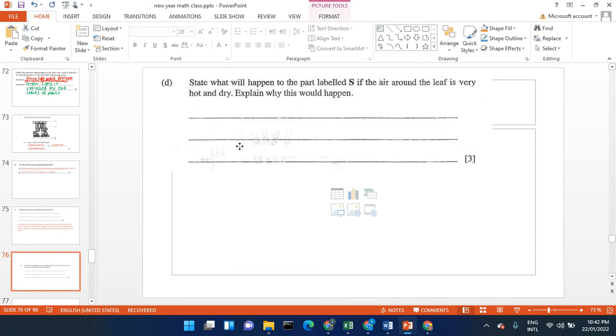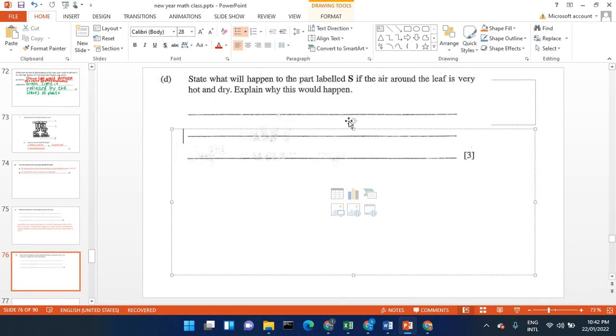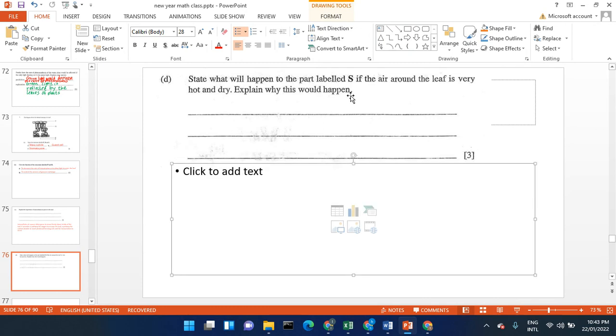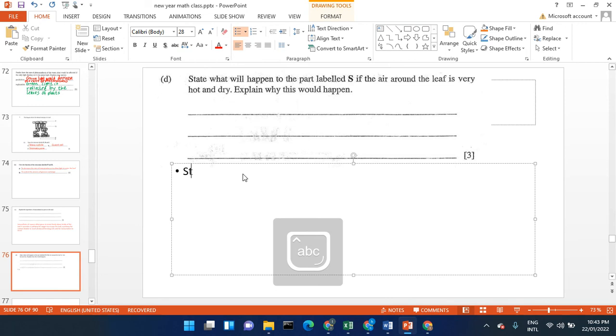So state what will happen to the part labeled S if the air around the leaf is very hot and dry. So structure S, let's proceed with the answer. Structure S would do what? Would close.